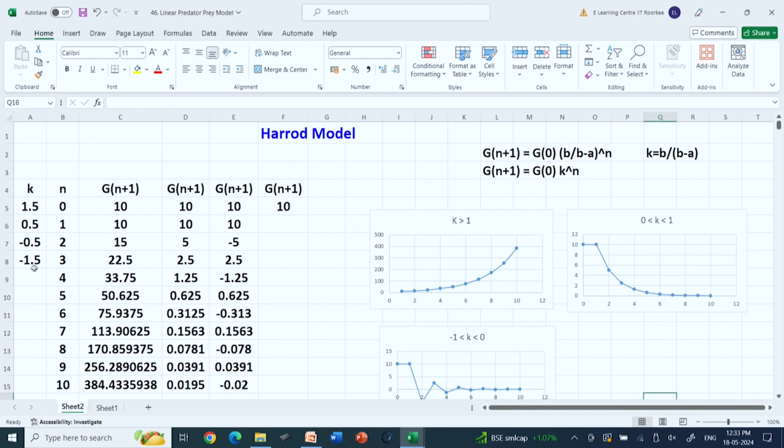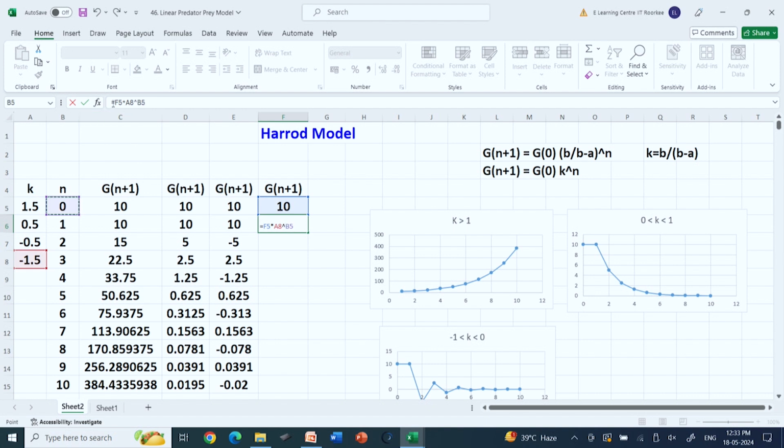And the last one is when k is less than minus 1. So again this is equal to the initial value multiplied by k to the power n. This is also a constant and this is also a constant.